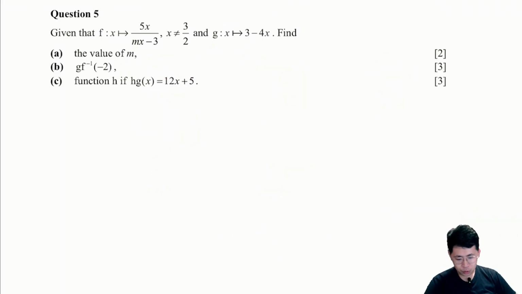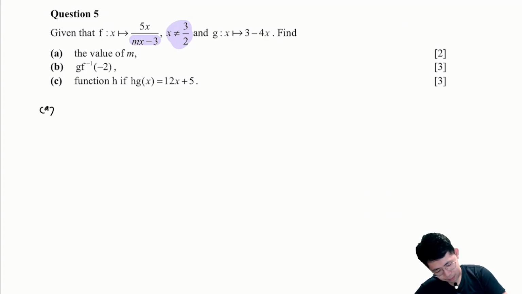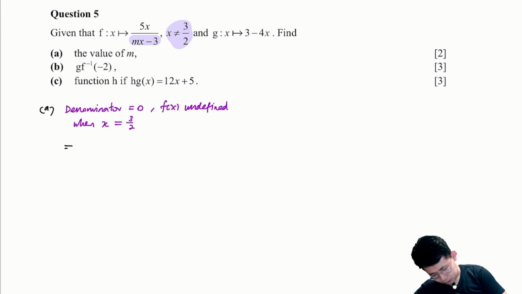Moving on to question 5. Given that f of x follows this rule over here, and this is the domain of x, and g of x will be this rule, find the value of m. In order to find the value of m, which is in the denominator, we'll need to make use of the denominator being undefined when x is equal to 3 over 2. So this would mean that mx plus 3 is equal to 0, and m of 3 over 2 plus 3 is equal to 0.